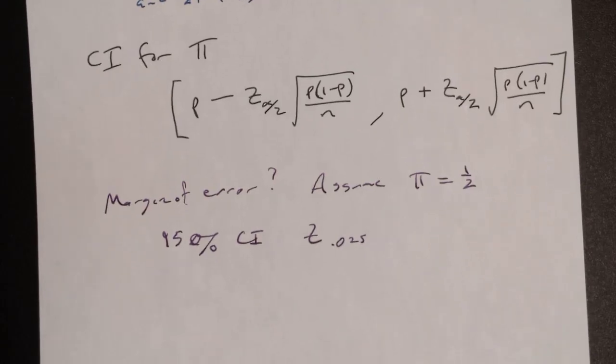So I need to know what Z value goes with an area of 0.025. That's the one in the box, 1.96.